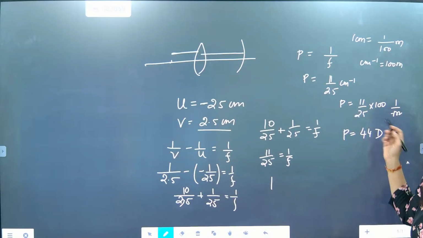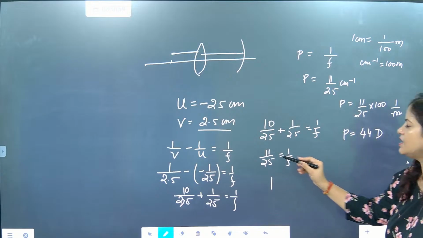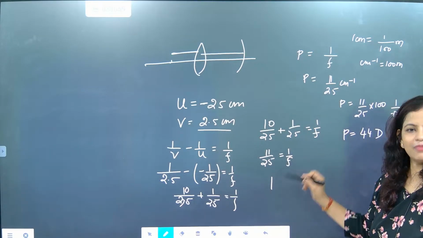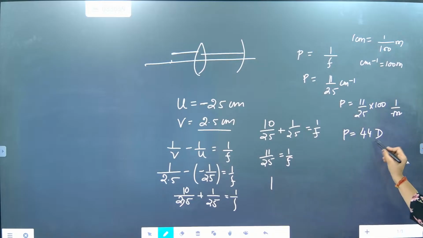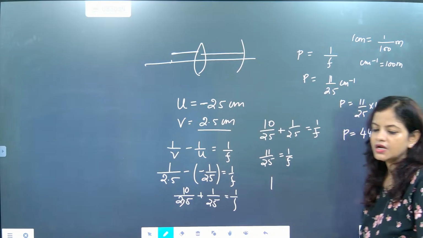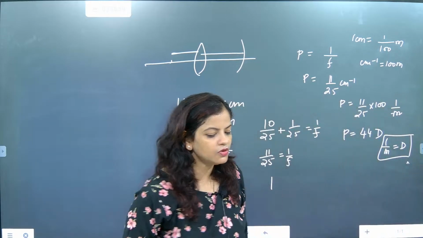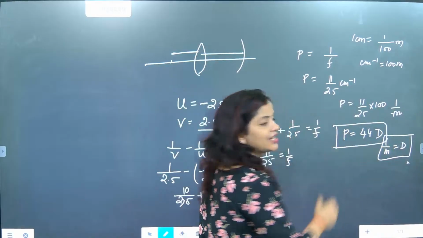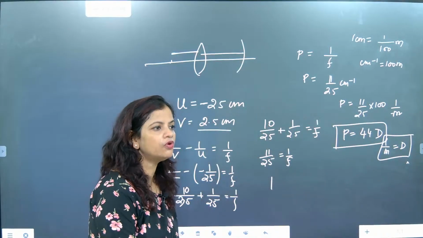Once it becomes centimeter, the focal length is centimeter inverse, so that means 1 by centimeter. So 1 by meter will come, and 1 by meter is diopter. So overall, the power of accommodation in that case is coming as 44 diopter.